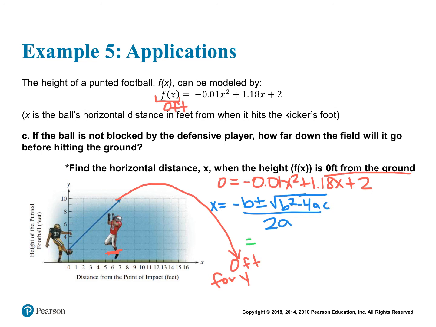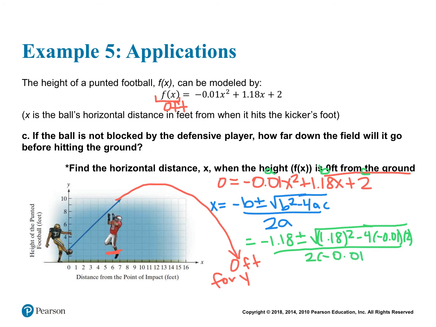So I have my a, b, c. So negative b would be negative 1.18 plus or minus the square root of 1.18 squared minus 4 times a is negative 0.01 times c is 2. And that is all over 2 times a is negative 0.01.